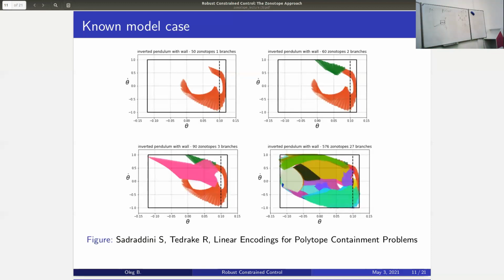In this picture, it's a pendulum around the upper equilibrium with a contact wall. First, the zonotopes, and we should find a trajectory that converges us to 0. And here you can see how it happened.